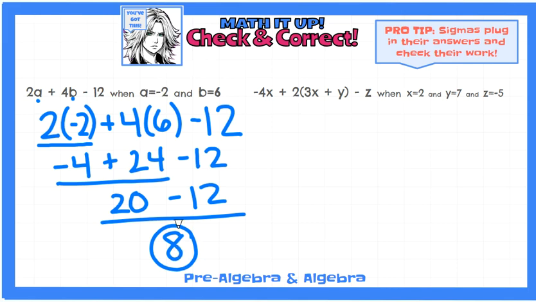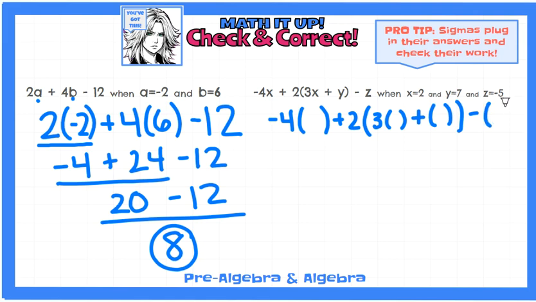We have another one here. So let's first go about the business of plugging in. Actually, I'm going to change this just a wee bit to make this a little easier. There we go. Okay.